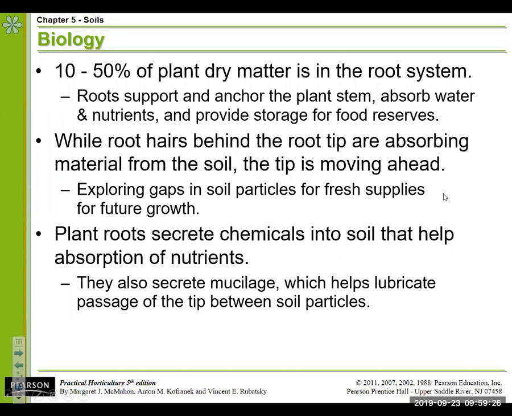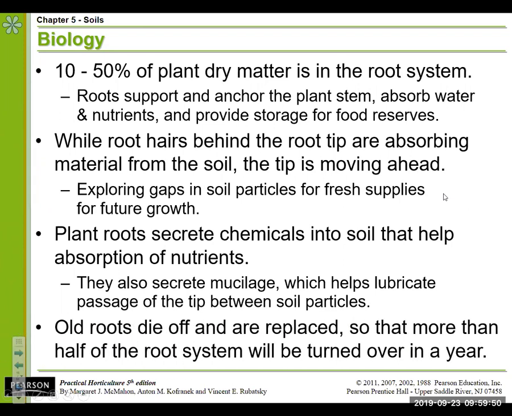The roots are also contributing somewhat to chemical weathering because they can go through this process known as allelopathy, where they're actually secreting and leaching chemicals into the soil to help the absorption of the nutrients, but also contributing to that weathering as well.